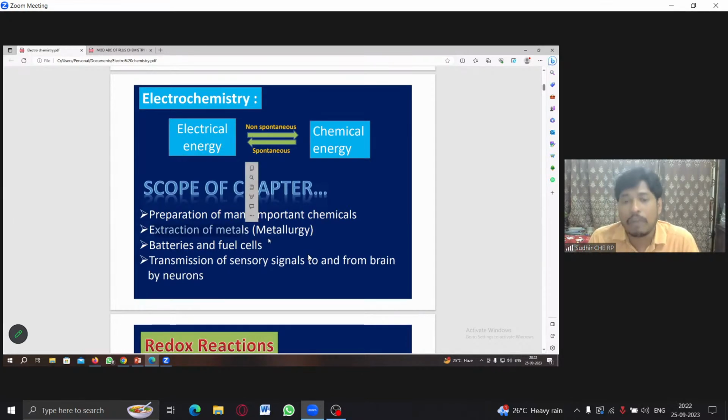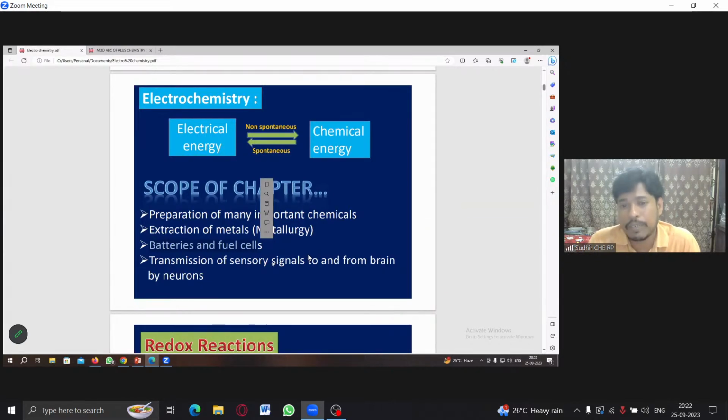The way we use sodium chloride in compound state directly in cooking, when it comes to metals alone, we need them in pure form, and after extracting them we can put them to different uses. In the extraction of metals also, this electrochemistry chapter plays a very important role. And we can also say it is very useful and important in batteries and fuel cells.